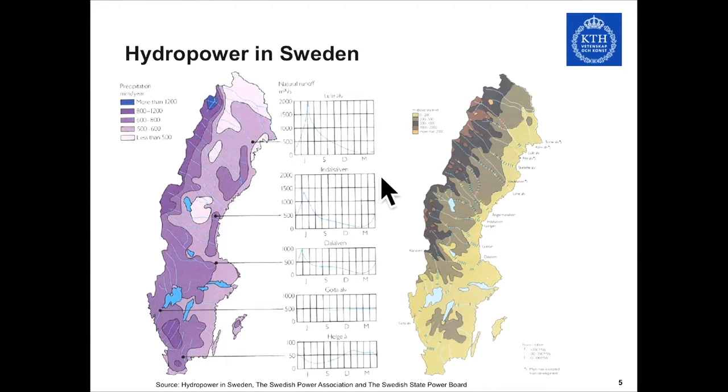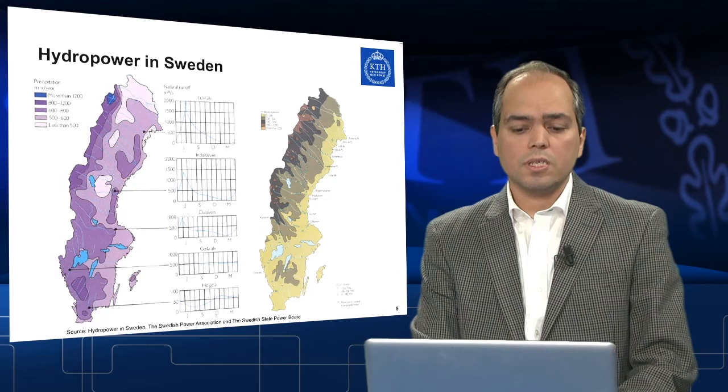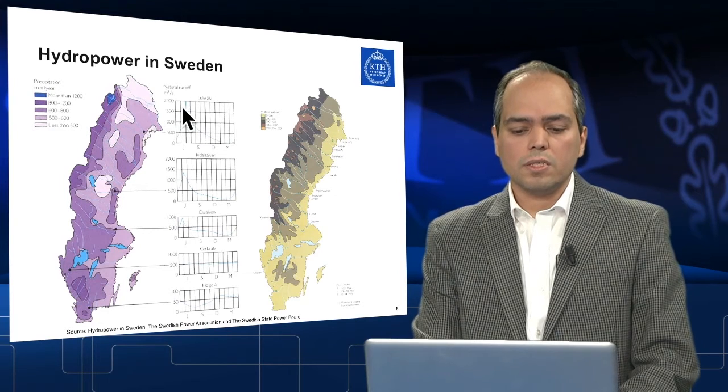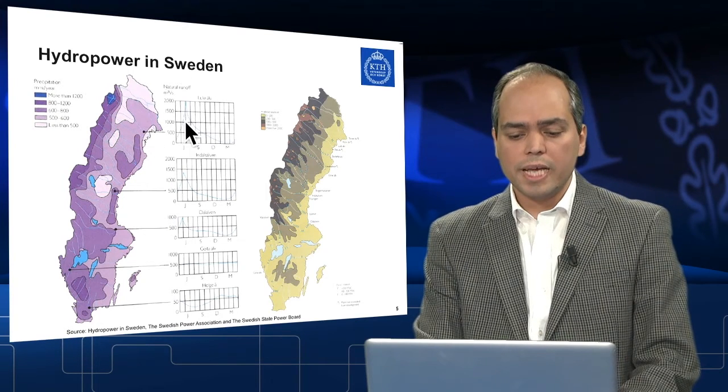This graph here shows the natural runoff in the river in cubic meters per second in various months during a normal year. In the northern part, you can see that the runoff is quite high during the summertime, mainly due to the melting of snow, which is stored in mountainous areas.